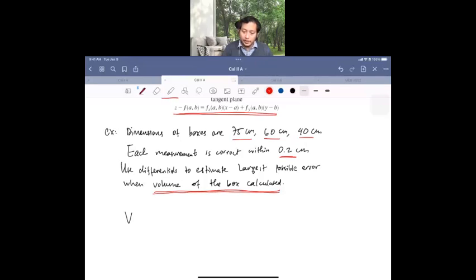If we imagine the lengths as x, y, and z, for 75 centimeters, 60 centimeters, 40 centimeters, they are all independent. So we need to develop a new function that includes x, y, z. We can say the volume V equals xyz. This is our formulation because there is nothing provided in the information, so we just state xyz. So this is our formula.